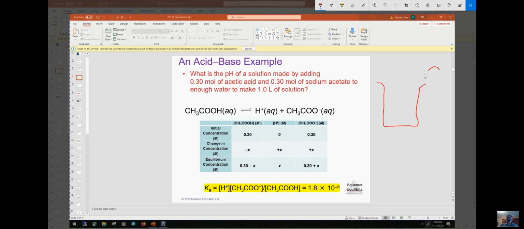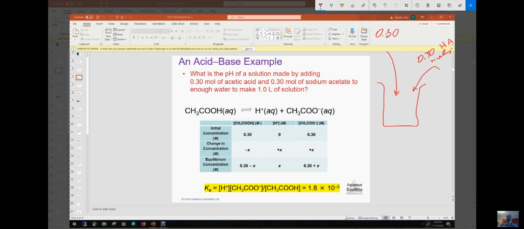I'm going to add to it 0.3 moles of HA, right? What's HA? That's the acetic acid. Some people would call it HAC, but it's our weak acid, HA. Okay, so this is in moles. Okay, and then I'm also going to add to it the same amount of its conjugate base, sodium acetate.